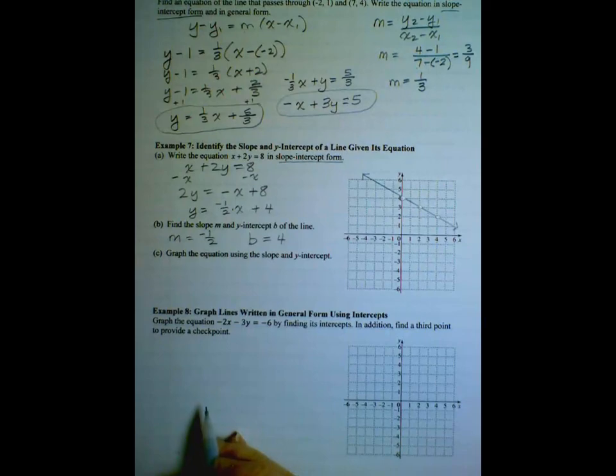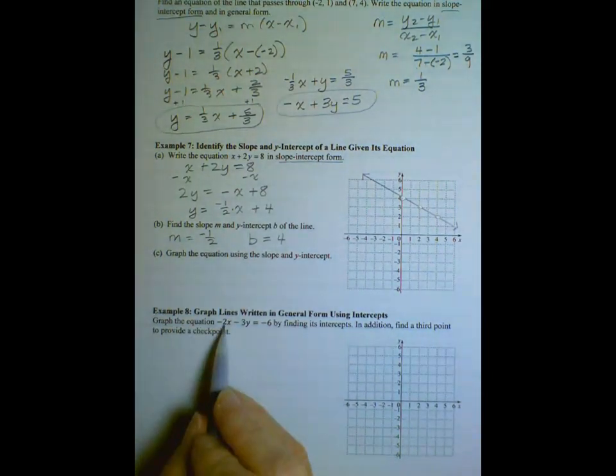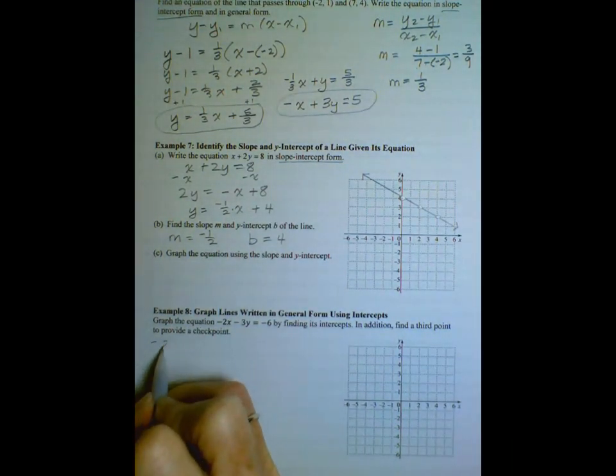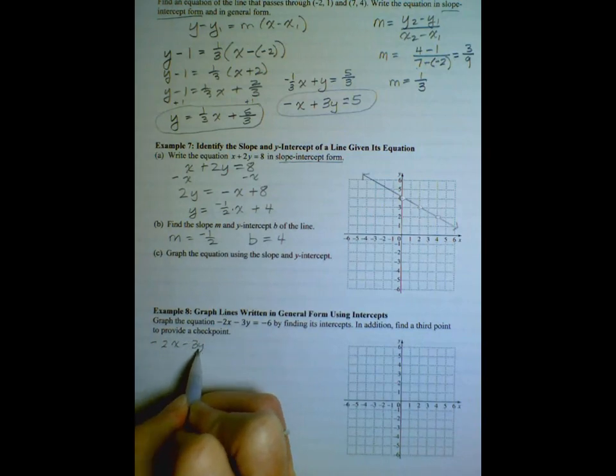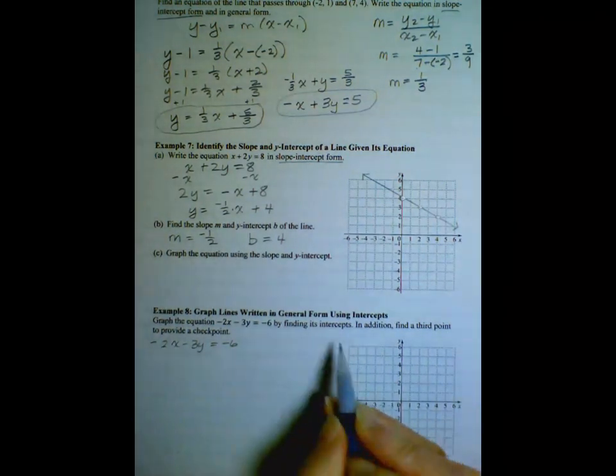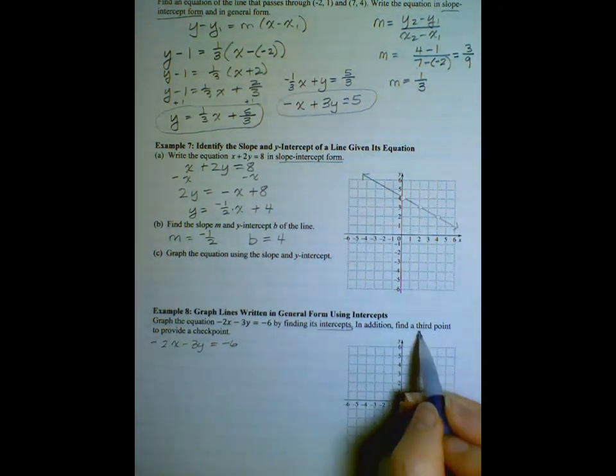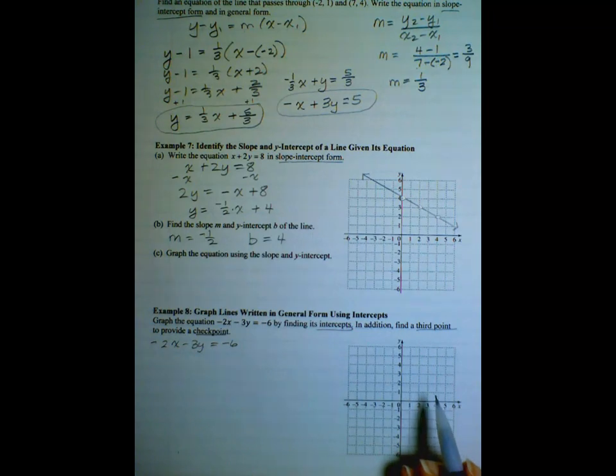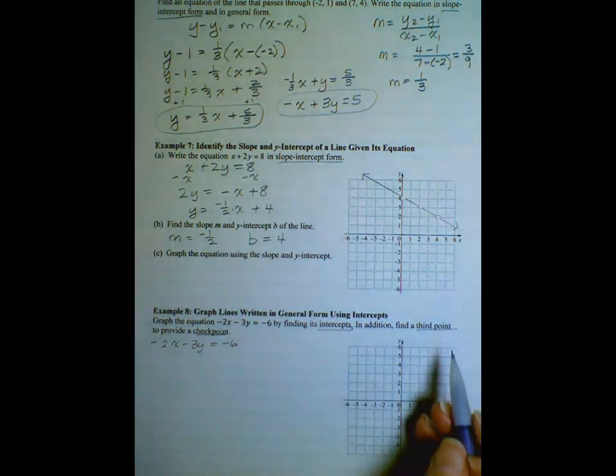Okay, example 8. We're to graph the equation negative 2x minus 3y equals negative 6 using intercepts, and then find a third checkpoint. Remember I said I could get 2 points, but if one of them's wrong, I'd never know. But if I get a third and they all line up, then I feel pretty good about it.